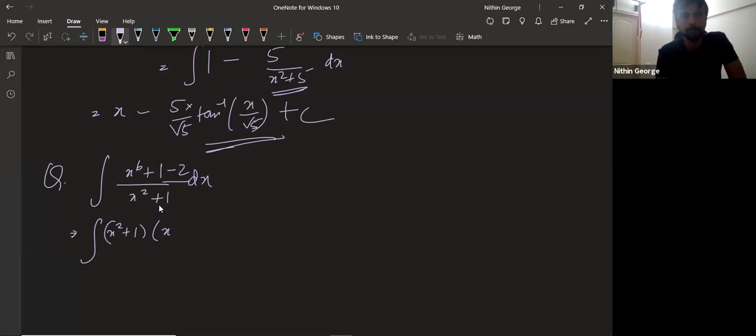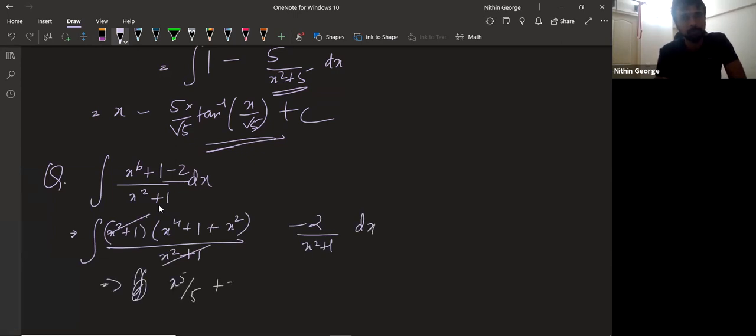That is x square plus 1, x power 4 plus 1, plus square divided by x square plus 1. Here minus 2 divided by x square plus 1. Here it becomes x to the 5 by 5 plus x cubed by 3 minus 2 tan inverse x plus c.